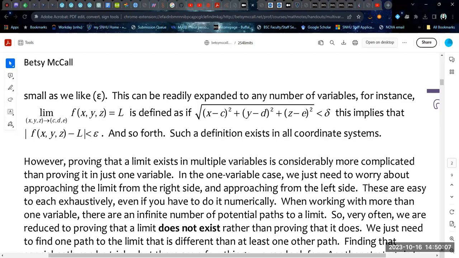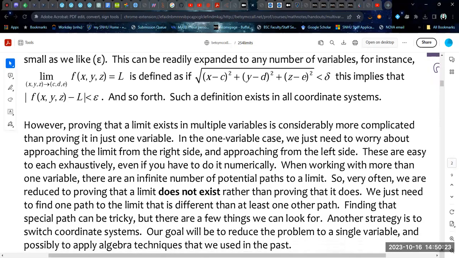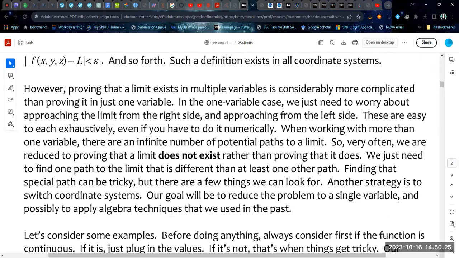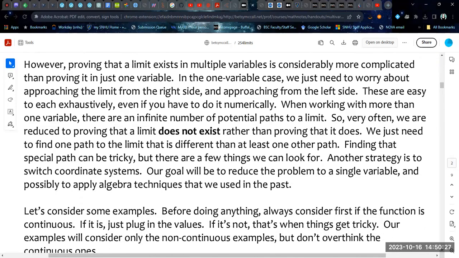And the difficulty with the 2 and 3-dimensional cases is that there's a lot of different things that can happen. You may have different paths that you can approach going to the origin, and you need to account for all of them. It becomes very difficult sometimes to prove that the limit exists in multiple variables because of all of those different paths that you can take to the origin. It's actually often easier to prove that the limit doesn't exist.